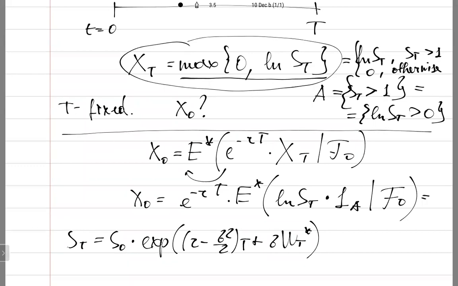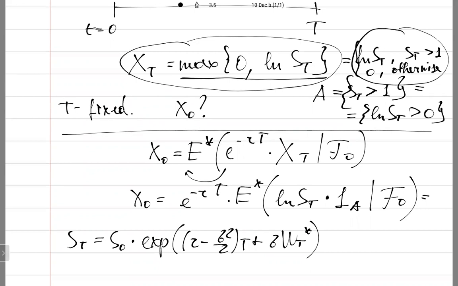So if your question is just, could you invent an event? Yes, you could. But to solve this exercise, it's important to know whether ST is greater than 1. So if your question is abstract, could we invent an event A by ourselves? It depends on what you want to make.